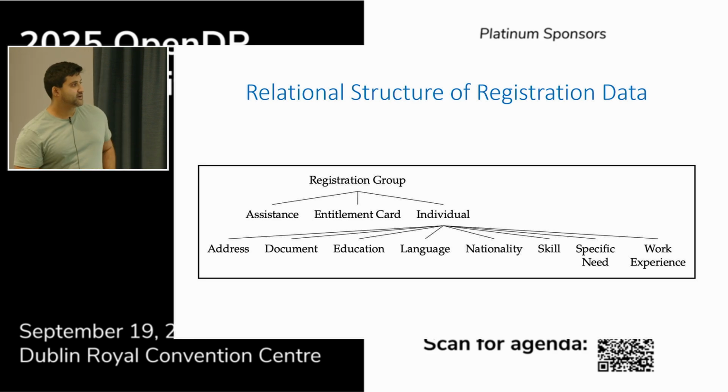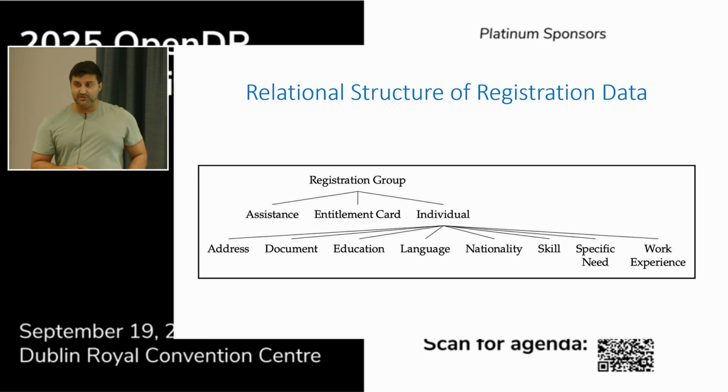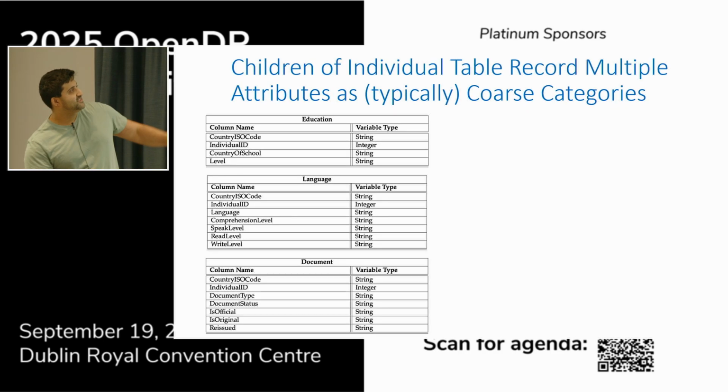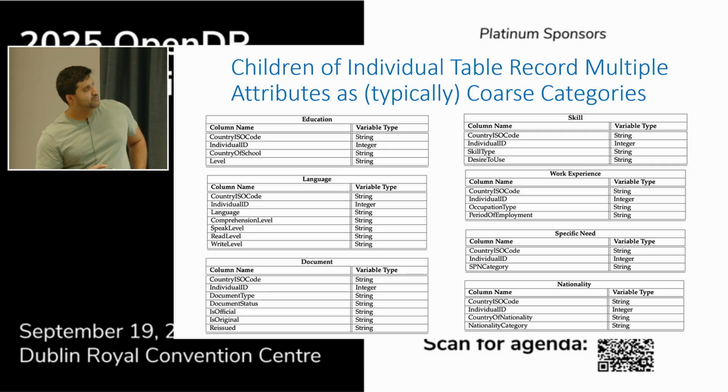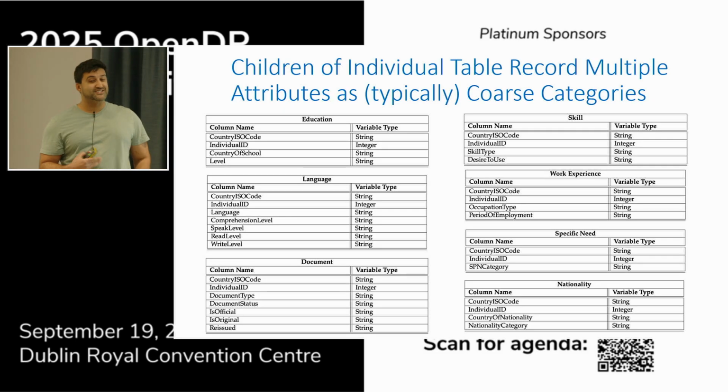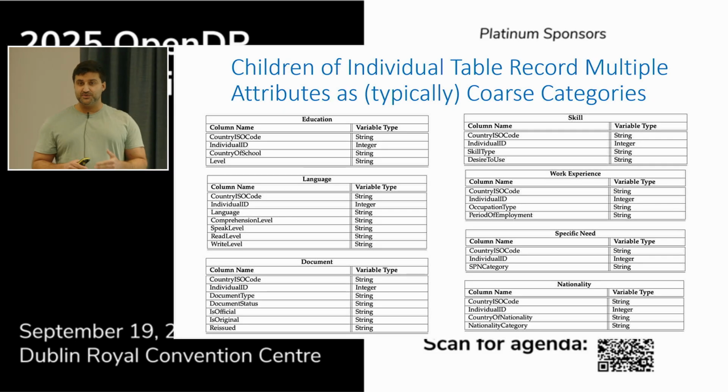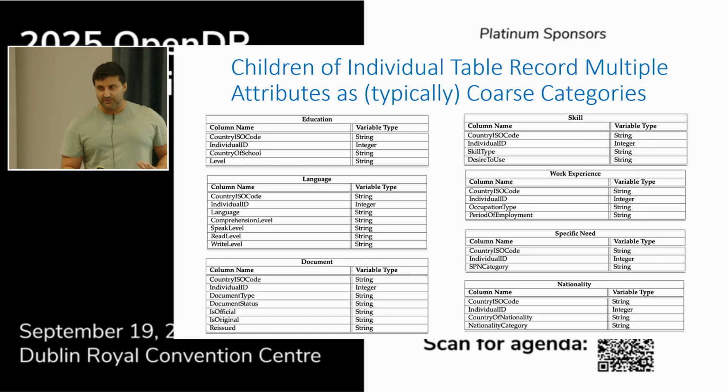Those are pretty nice categories. Languages, we know people can speak multiple languages, but they typically don't speak too many. Because the children of the individual table contain information that's not as sensitive, we're going to do event level privacy here, given that context. And we're going to see that our epsilons are small, so even when things accumulate, we're likely fine.